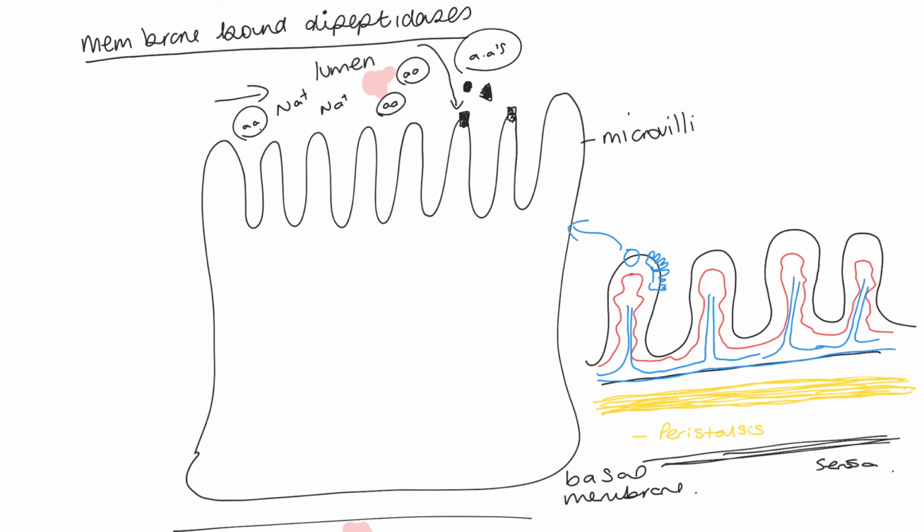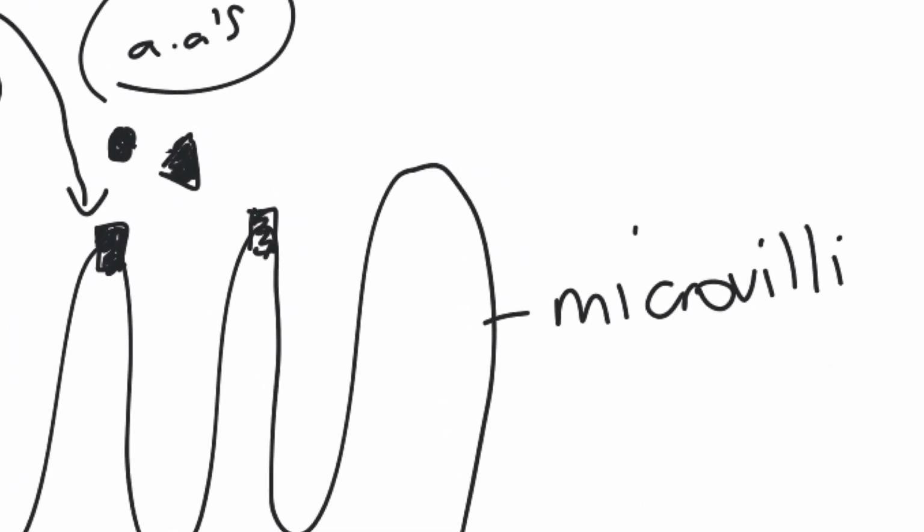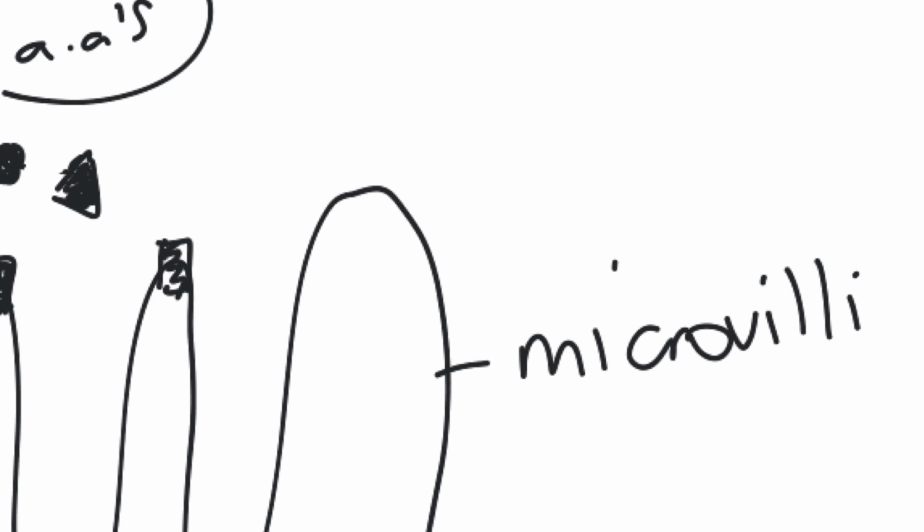In order to draw the amino acids into the epithelial cell and then into the bloodstream, we need to use a co-transporter. So present on this membrane here, if we just were to focus here on this membrane for a moment, we would see that there is a co-transporter molecule embedded in the membrane.